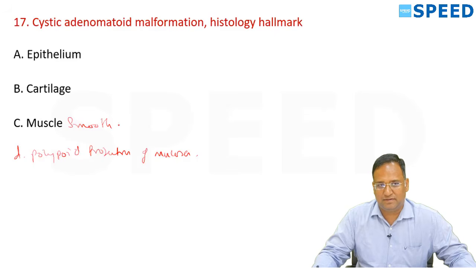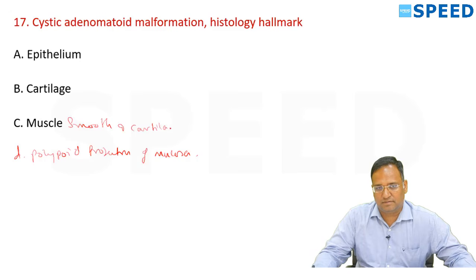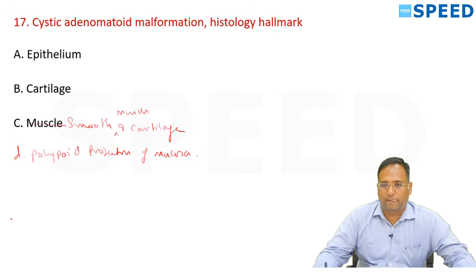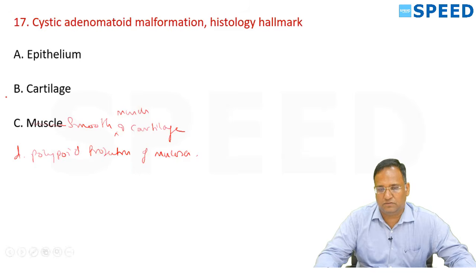Was smooth muscle and cartilage in the same option or different options? And cartilage. So, was epithelium in the options or not? No epithelium. So, can you type all the 4 options and somebody can put it here.